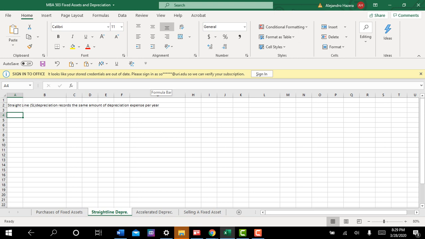We've already done it in a couple of examples we did back in January. It seems like an eternity ago, but we did a couple of examples for straight-line depreciation. And we're just going to get a little bit more into detail here.